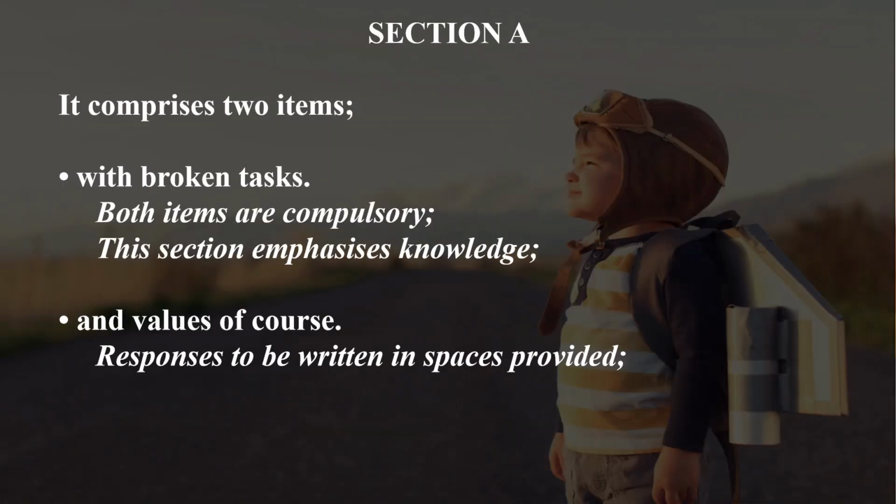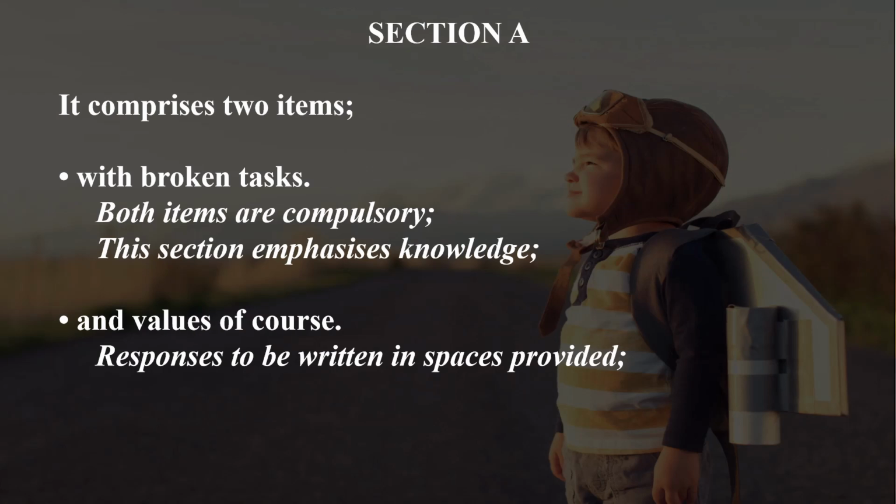Now, let's come to this paper. As we said before, this paper is comprised of 2 sections, section A and section B. Now we are going to start with section A. Section A is comprised of 2 items, which are broken into tasks, and both of these items are compulsory.